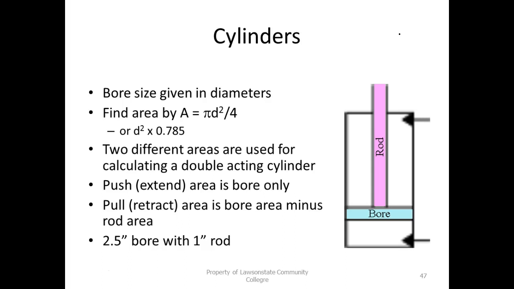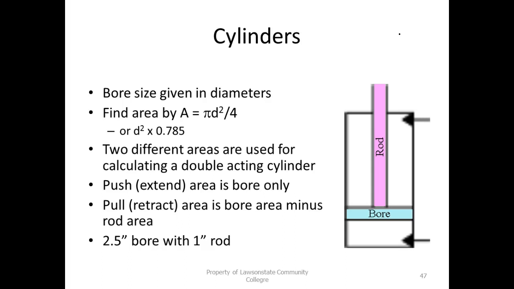The area that extends the rod is going to be greater than the area that retracts the rod, because that rod's in the center, and we've lost that area of the rod when we retract it. The area that's occupied by the rod is lost.